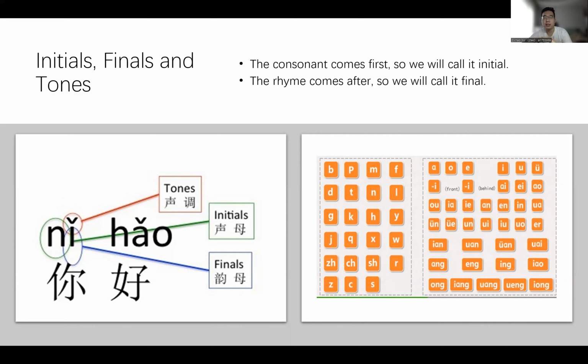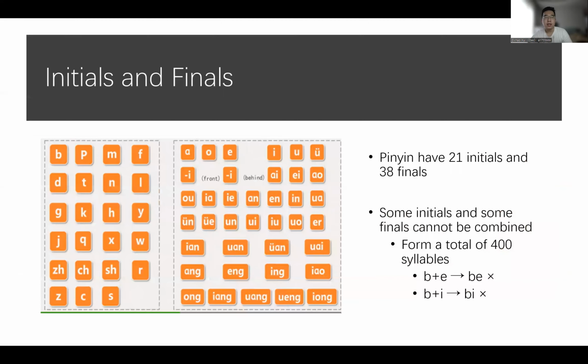When they are combined, the pronunciation of Chinese can be accurately marked. There are 21 initials and 38 finals in total. If you don't believe me, you can number them. The chart is shown here.